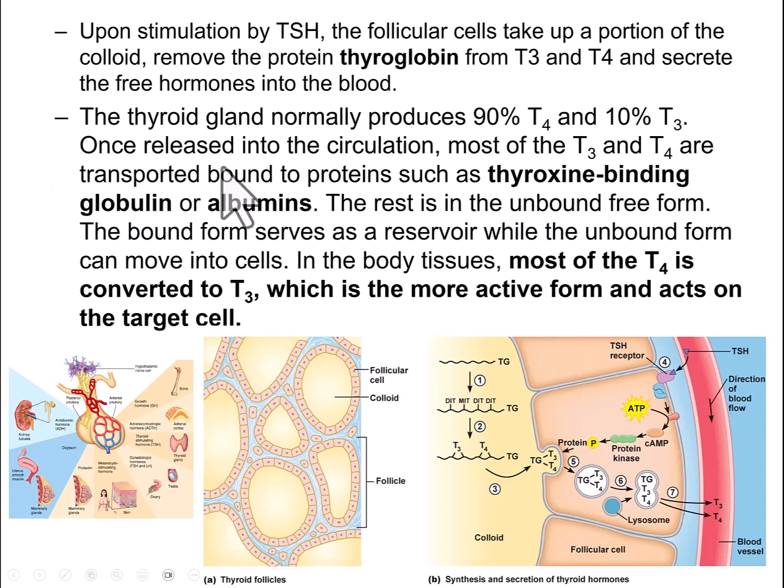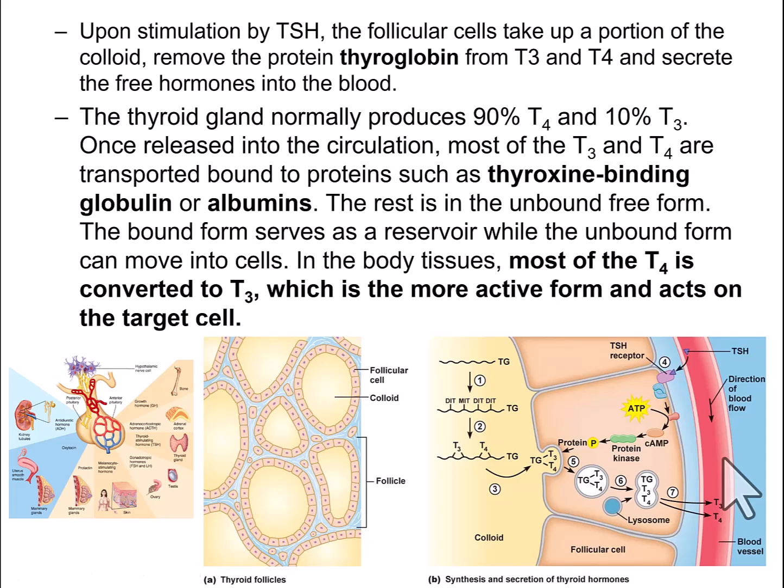Well, once released into the circulation, most of the T3 and T4 are transport-bound to proteins such as thyroxine binding globulins or albumins. The rest is unbound, or in their free form. Now, this bound form serves as a reservoir while the unbound form can move into cells.